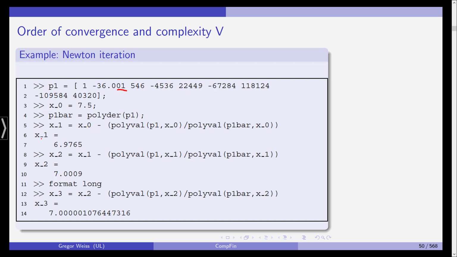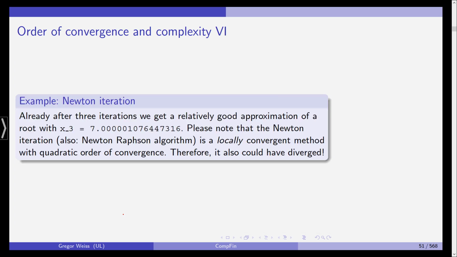And the solution x1 is 6.9765. We continue this, and as you can see, after only 3 iterations, we already get 7.000001 as a possible solution for the root 7. So pretty good.